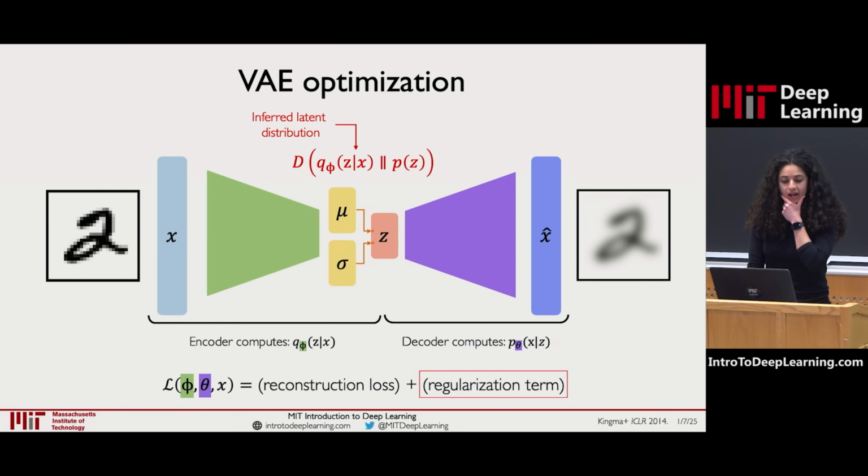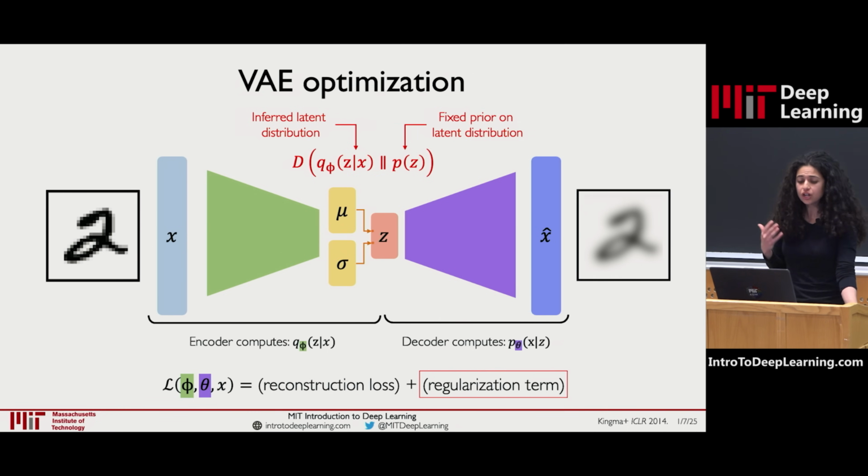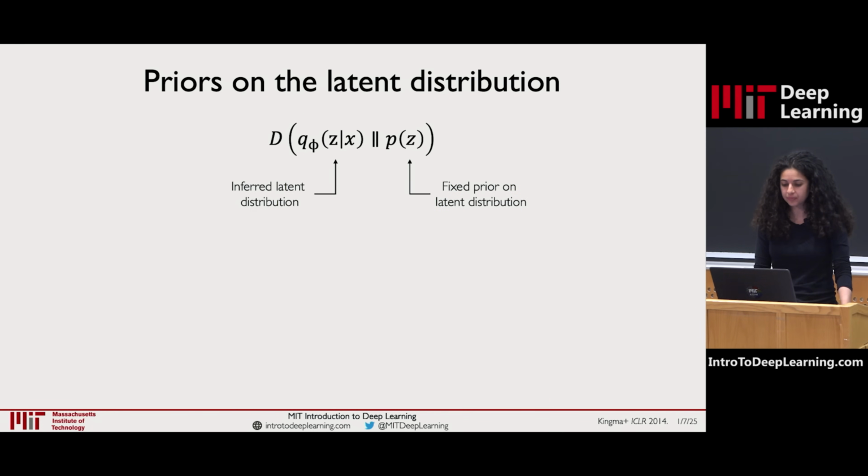So to break this down a little further, D is effectively just a distance metric. What we're comparing is how similar the probability distribution of an inferred latent variable is to some prior, some initial guess we place on what that distribution should look like. To understand this further, let's first think about how we even choose this prior and why it's important. One very common way to choose a prior for a VAE is to say, let's do something simple.